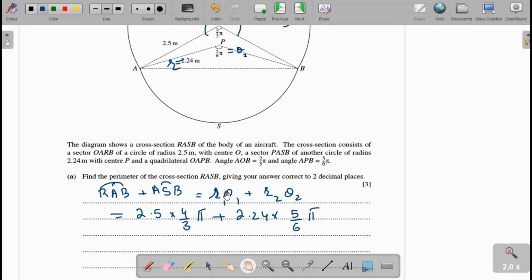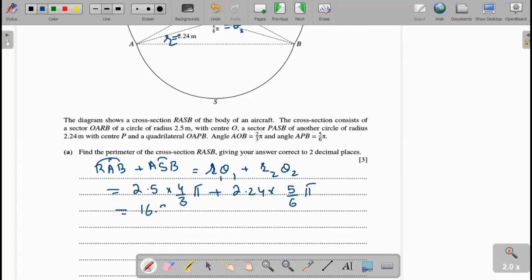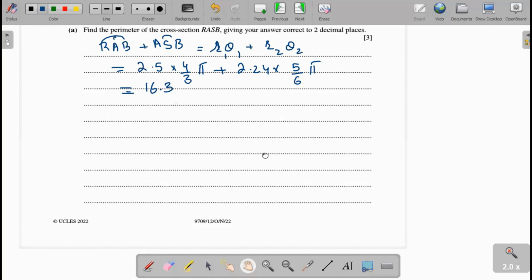Now we calculate it. 2.5 multiply 4 multiply 3.142 divided by 3, plus 2.24 multiply 5 multiply 3.142 divided by 6. The answer is 6.333 is the answer.